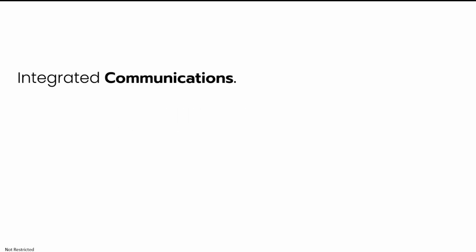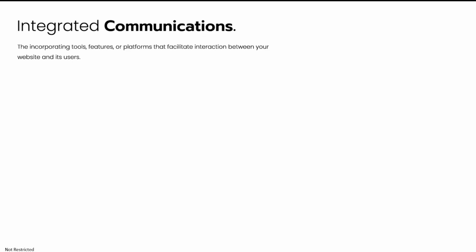From our perspective, we believe that communication needs to be integrated. What that means is that someone needs to be able to use a number of tools or features on whatever platform you have your website to communicate to you. So they can do it through filling out a form.